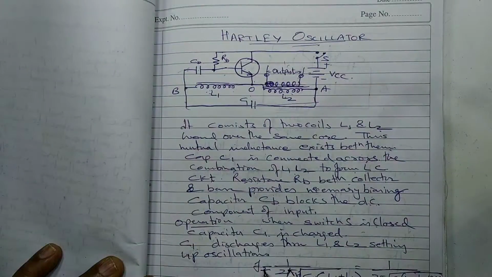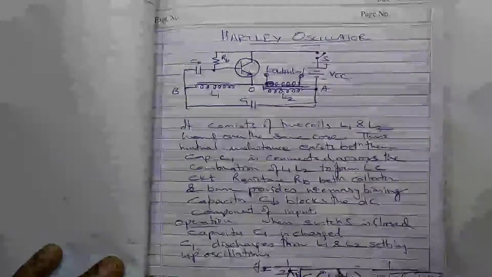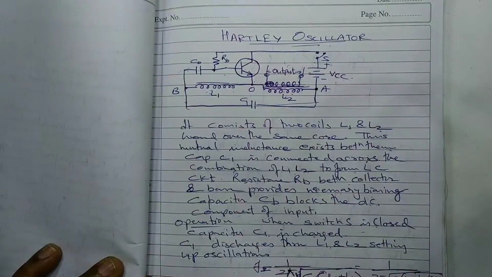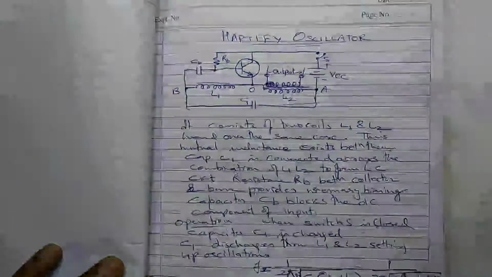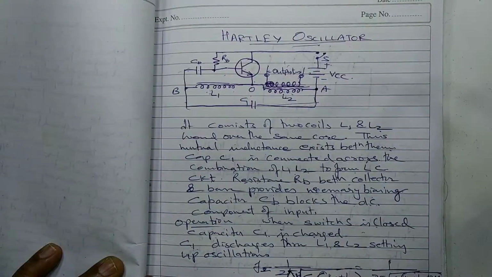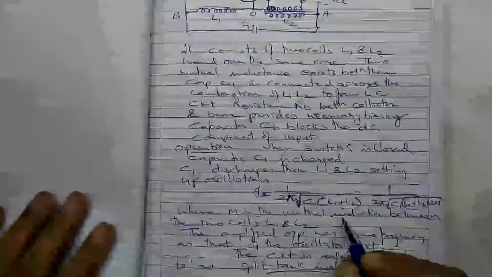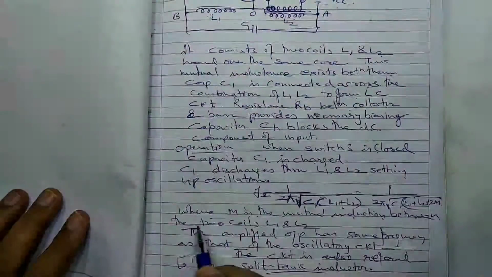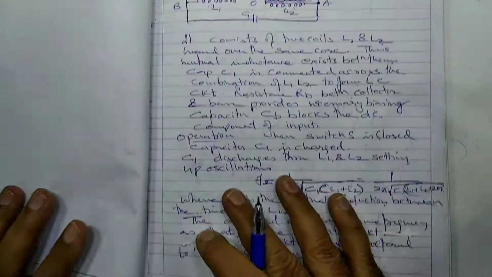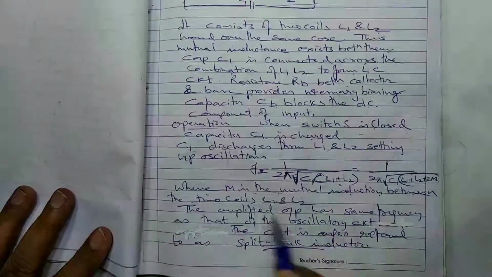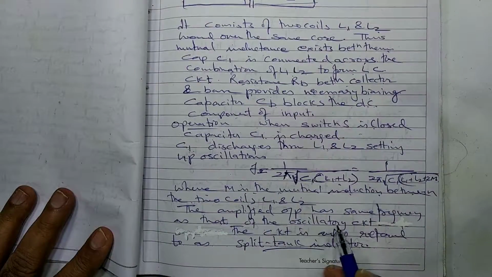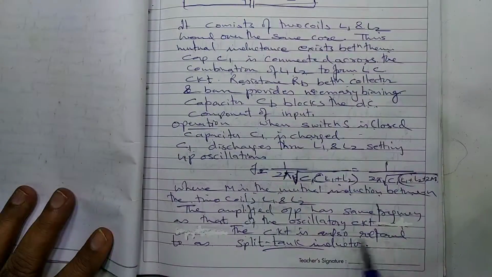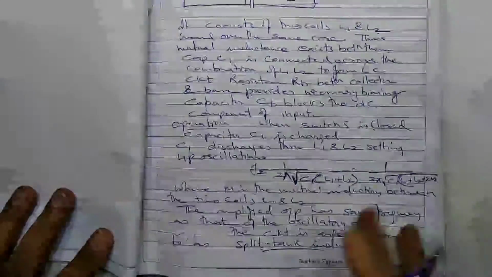F is equal to 1 upon 2 pi under root of C1 into L1 plus L2, or it is equal to 1 upon 2 pi under root of C1 into bracket L1 plus L2 plus 2M, where M is the mutual inductance between the two coils L1 and L2. The amplified output has the same frequency as that of the oscillatory circuit. The circuit is also referred to as split tank inductor.